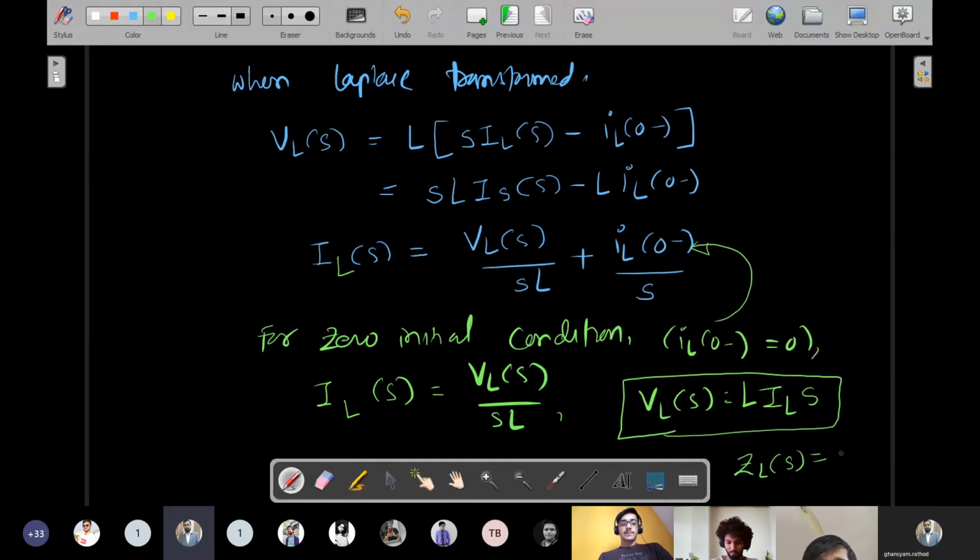We already went through the resistance element, so that is the V by I form, VL of S upon IL of S. In our case, if you take IL to this side, only LS remains. So this is the impedance equation for the inductor. Remember this.